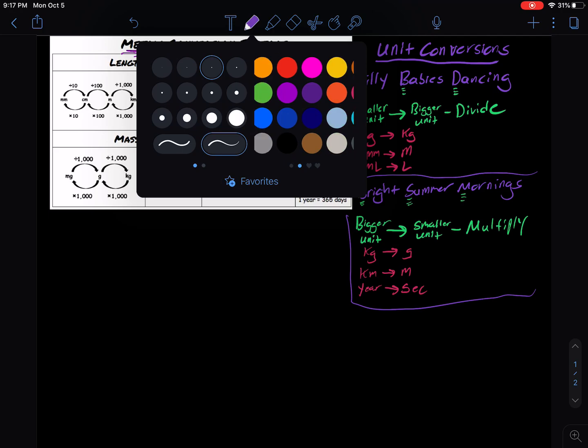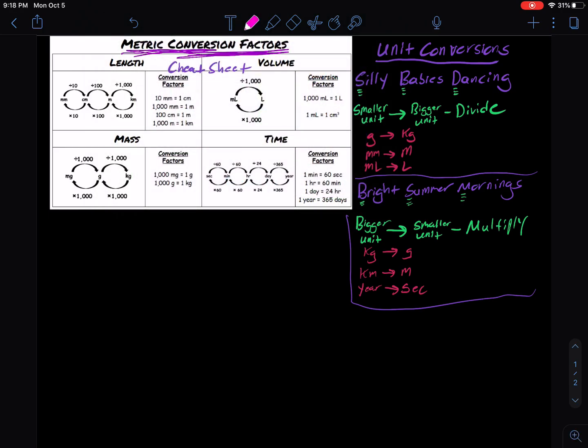What this is going to show you is how to convert really quick and really basic from one unit to another. What I mean by that, let's look right here at mass. If we look at our first example where we had grams going to kilograms, if I want to go grams into kilograms, all I'm going to do is do what is above the arrow.